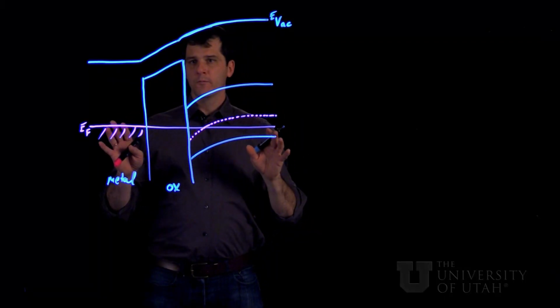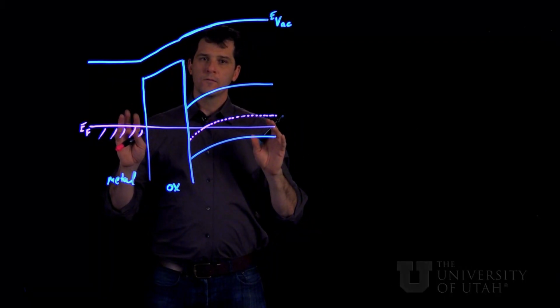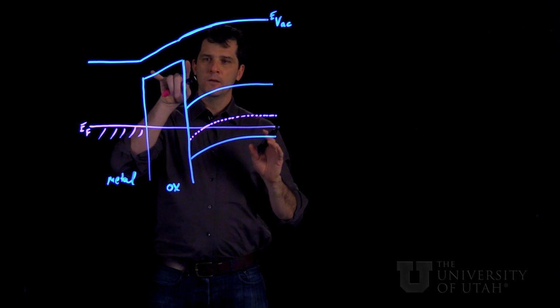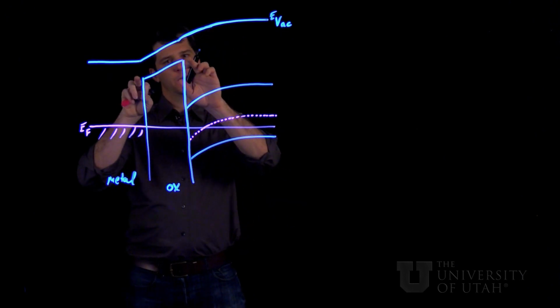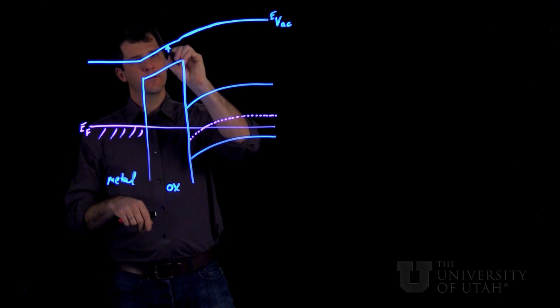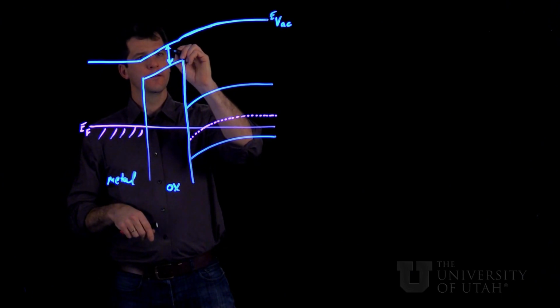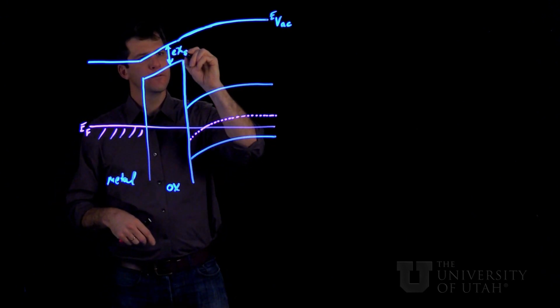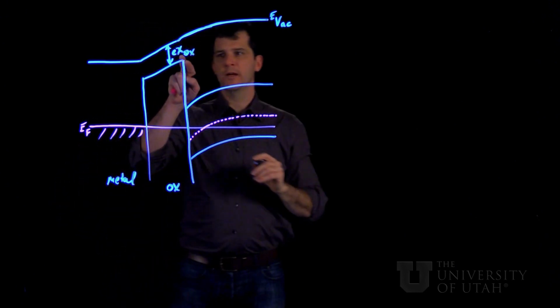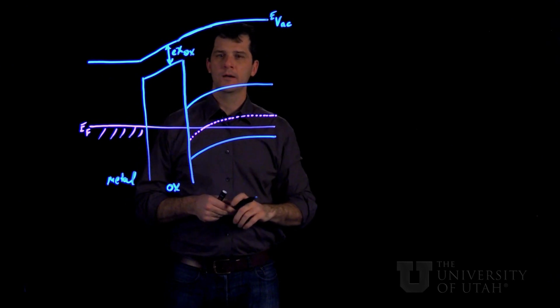So on this diagram, we're going to reference our electron affinities and metal work function to the conduction band edge of the insulator, or the oxide. So that means we're going to take the original values and we're going to subtract off this amount of chi oxide.